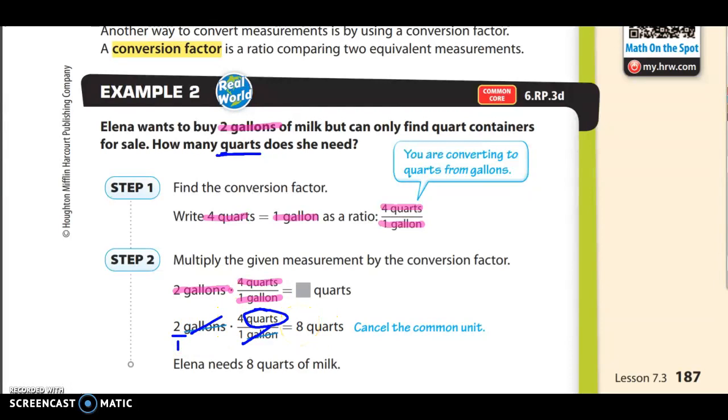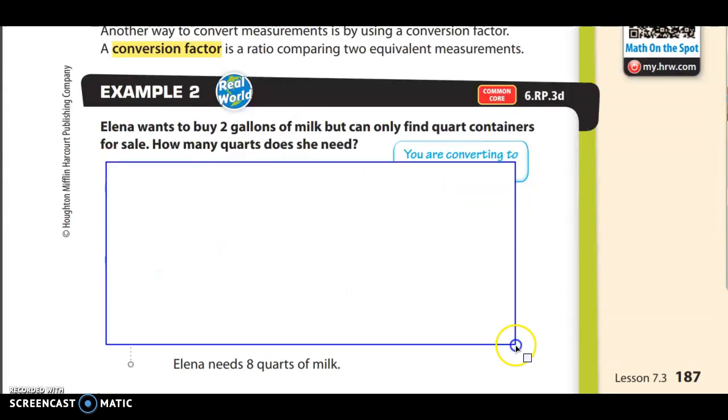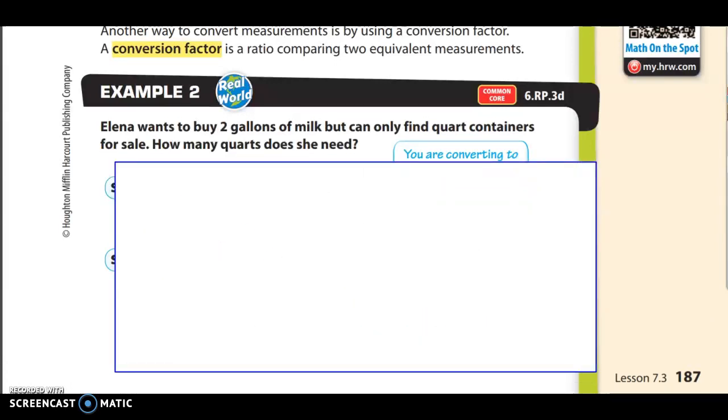So I'm going to show you that exact problem there, but pretending that we didn't have all this information. If we wanted to use this method, what we would do here is we would say she wants 2 gallons of milk. And I'm going to multiply that by the conversion factor of 1 gallon of milk is equal to 4 quarts.